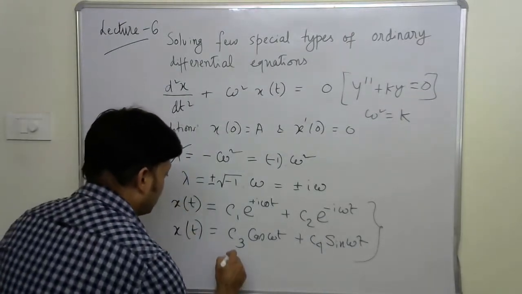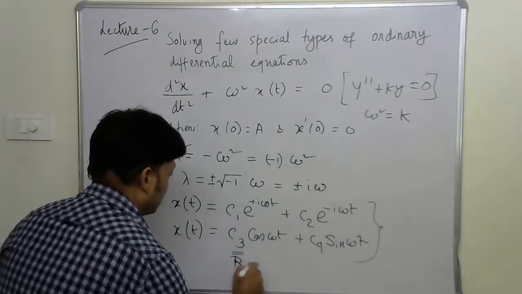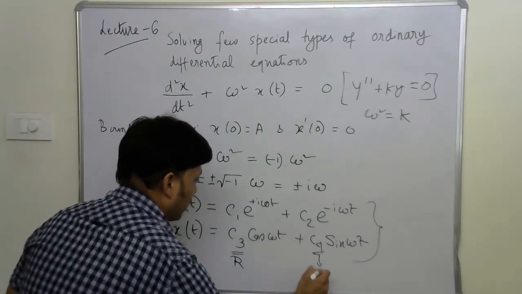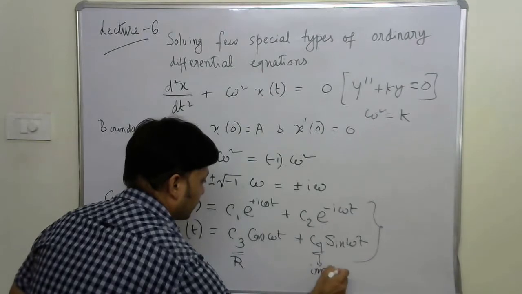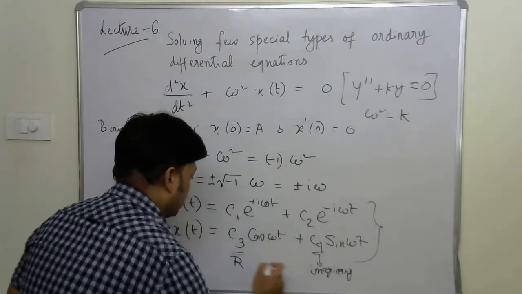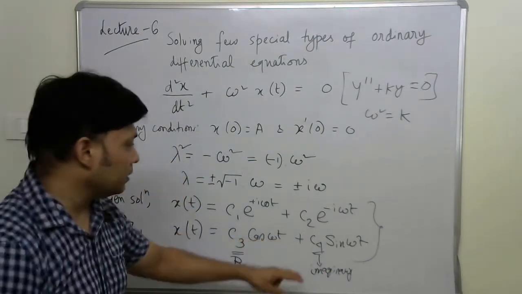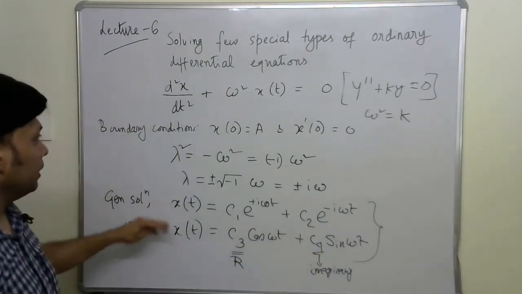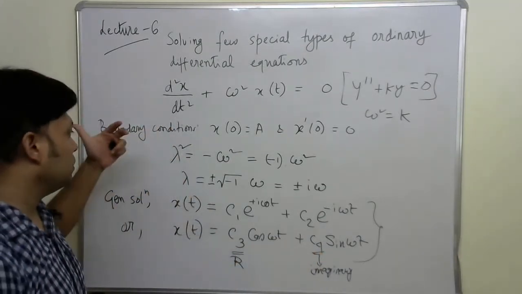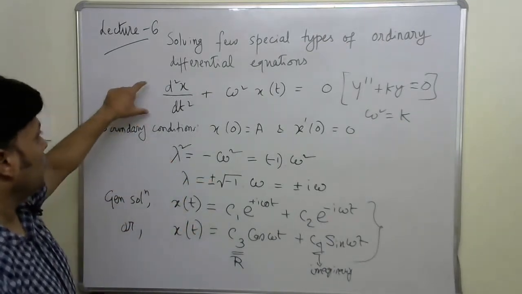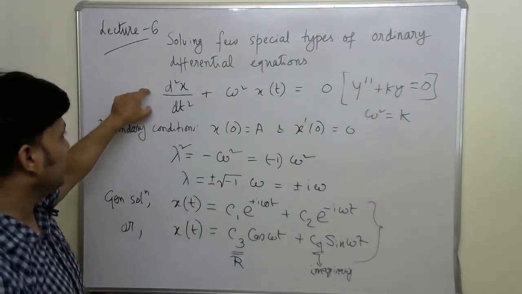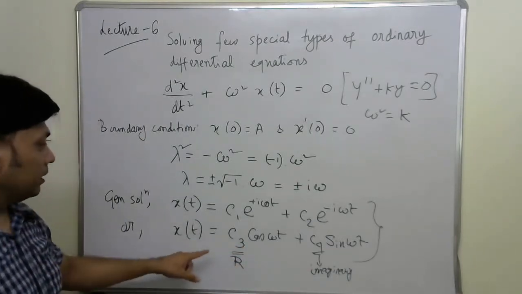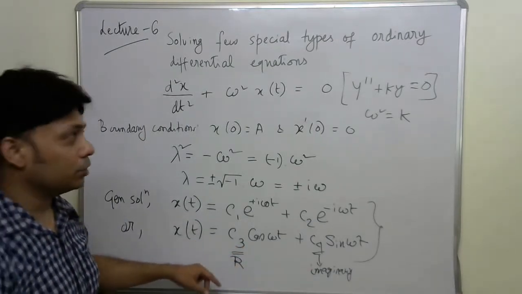Of course you can understand that these are the same but in different form, and c3 is the real part and c4 is the imaginary part, meaning the constant contains the i. So you see how simply, within 1 minute, using 2 or 3 steps, we can solve this differential equation easily.